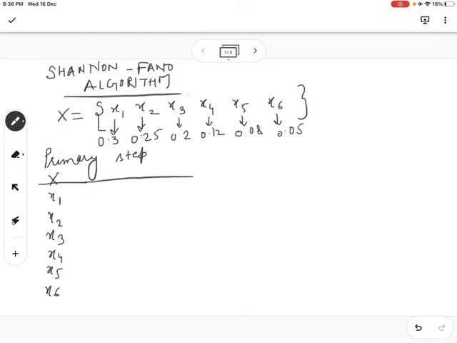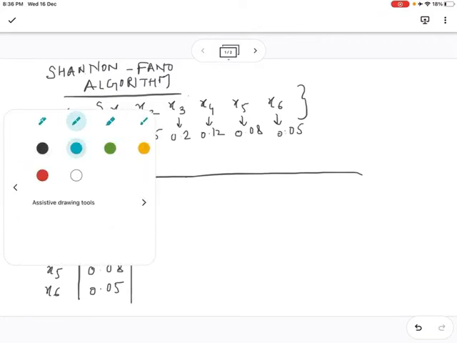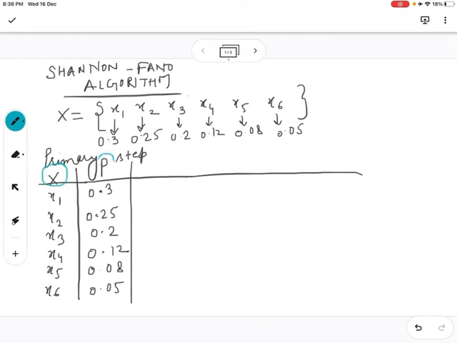You just have to understand how to solve it. Their probabilities of occurrence are like this: for x1 it is 0.3, for x2 it is 0.25, for x3 it is 0.2, for x4 it is 0.12, for x5 it is 0.08, for x6 it is 0.05. This is your x, and this is the probability of occurrence.